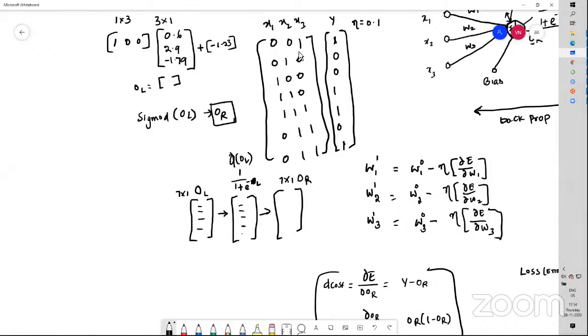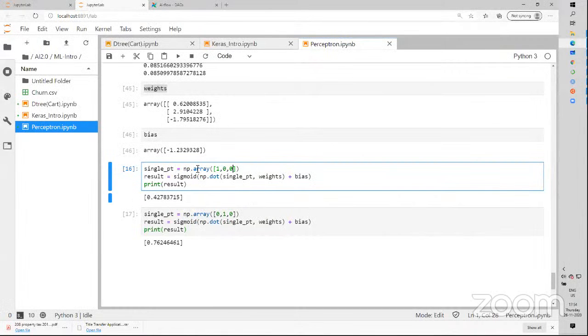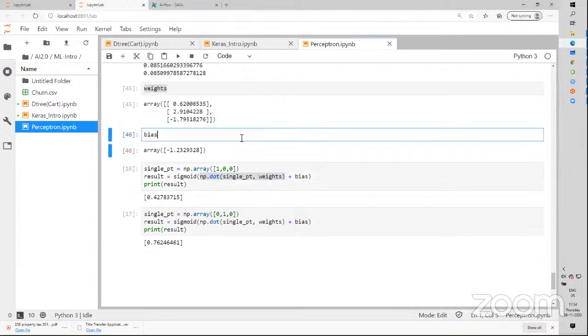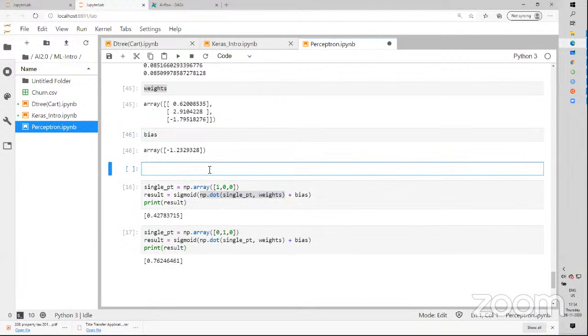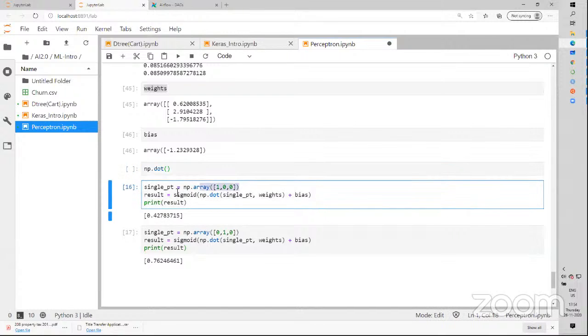And that's what I have written the code for here. So we pass this as the input array. Now the dot product between the weights. Let me show you separately, not a problem. So np dot of your array, let me define that array here.